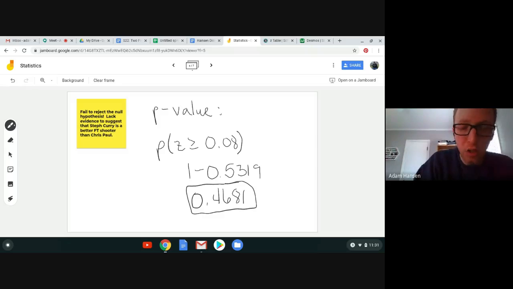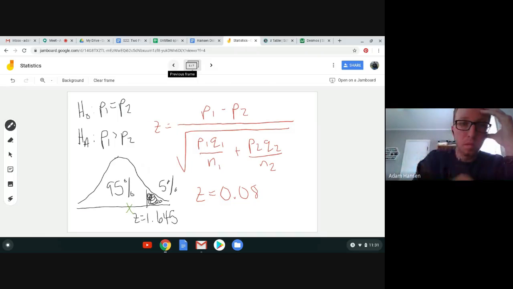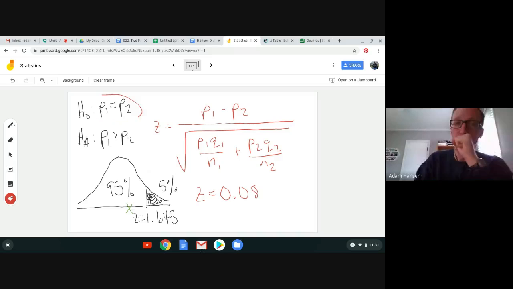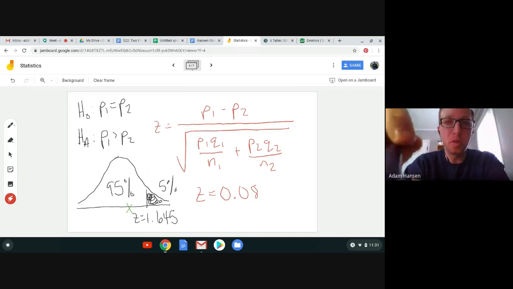The p-value is defined to be the probability of our sample or sample more extreme if the null hypothesis were true. So the null hypothesis is that these two free throw shooters are the same. If it was actually true that there was no difference in Steph Curry and Chris Paul's ability to make a free throw, we would see a sample such as ours 46% of the time.